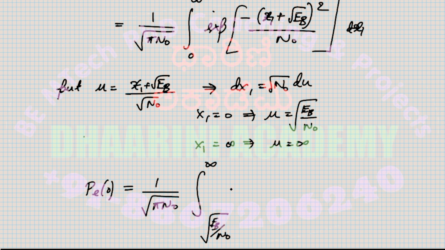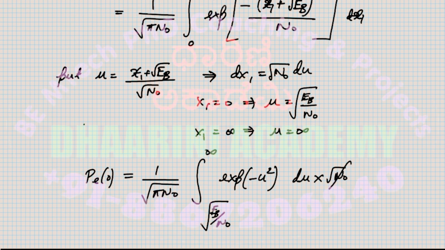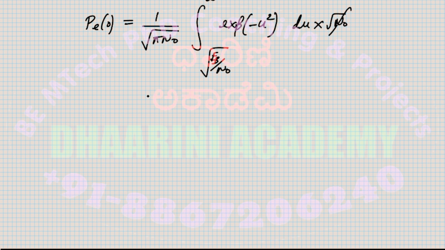The function simply becomes exponential of minus u square, into du. But it's not simply du; I have du multiplied by root n naught. So this root n naught cancels with the root n naught, and I'm going to rewrite this equation: 1 divided by root pi, integral from root of Eb by n naught to infinity of exponential of minus u square du.